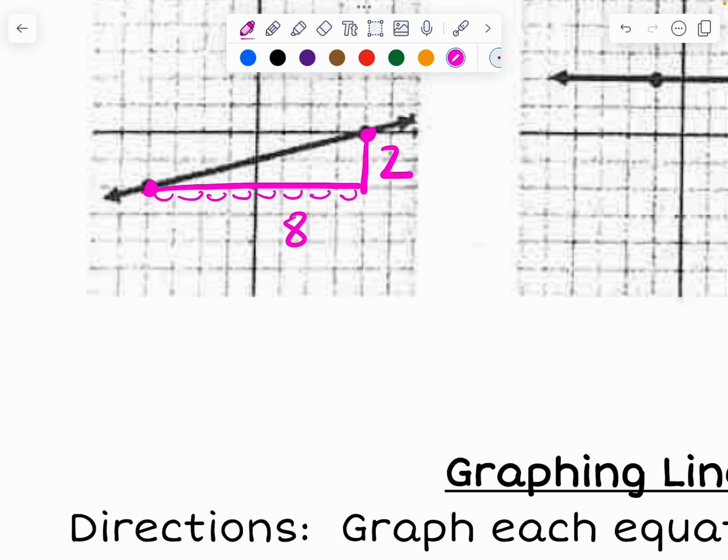I went over 8. Now this slope is going in the positive direction. So that is a positive slope. That is 2 over 8 because it's the change in y over the change in x. It is how tall it is over how far across it is. I simplify that and I get 1/4.